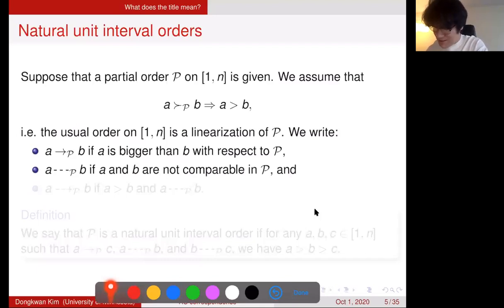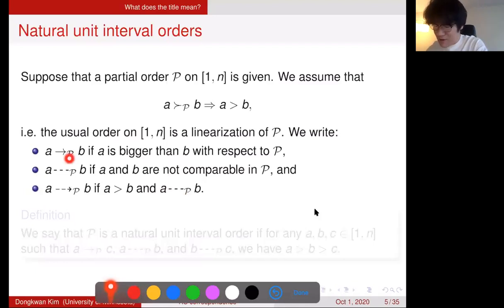And we say A dash B if A and B are not comparable with respect to P, okay? And A dash arrow B if they are not comparable in P, but they are comparable in the usual order, which is definitely possible, and A is greater than B, okay?